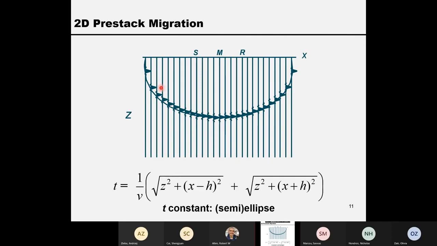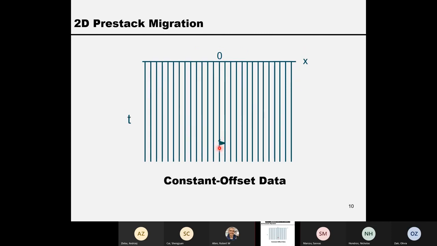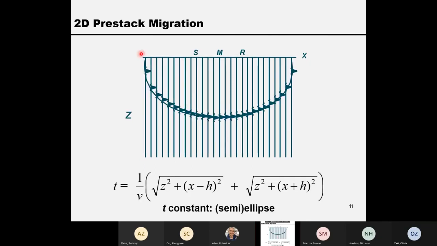Basically, we just spread this sample into the model space following this elliptic curve. It's straightforward, isn't it?